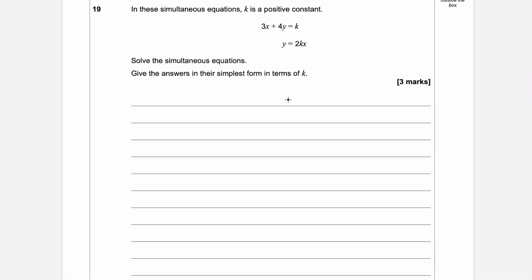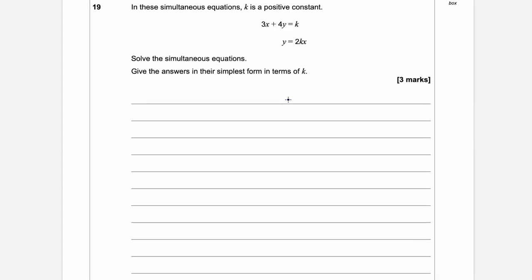Question 19. In these simultaneous equations, k is a positive constant. Solve the simultaneous equations. Give your answer in this form. Okay, so the answers are going to be in terms of k. So I'm going to sub this into here. So 3x plus 4, instead of y, I'm going to put 2kx equals k.